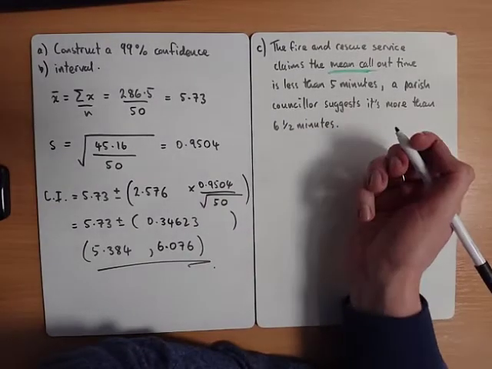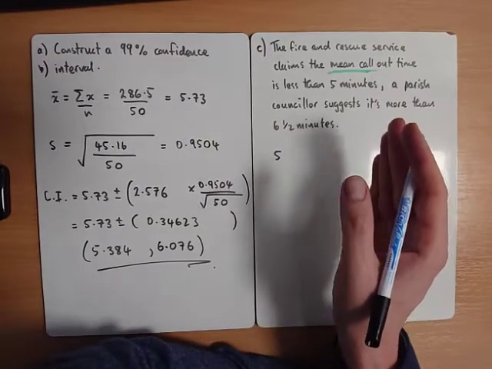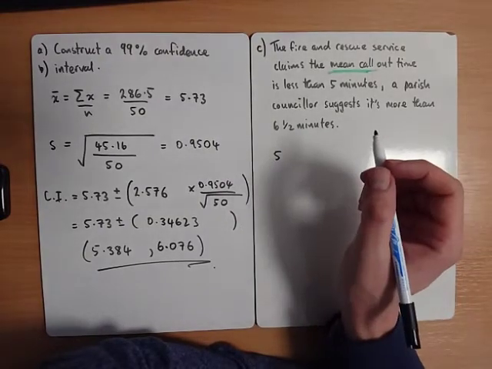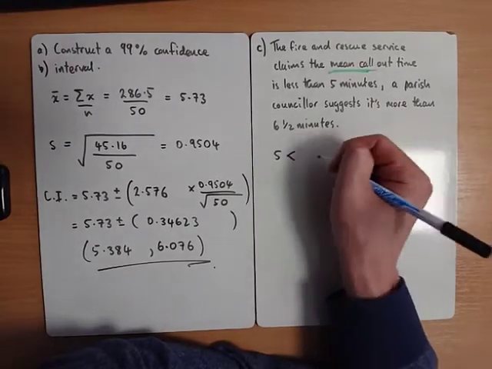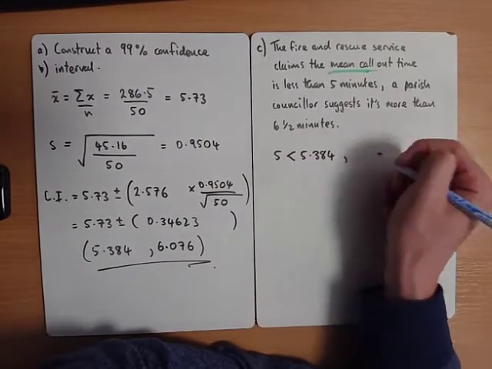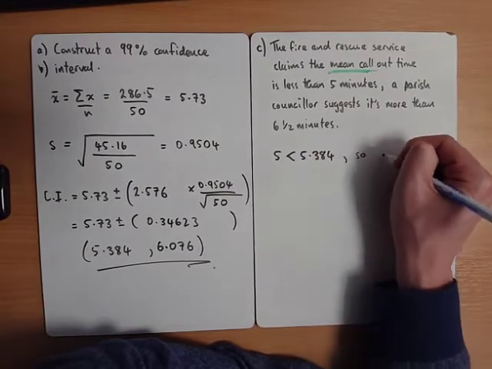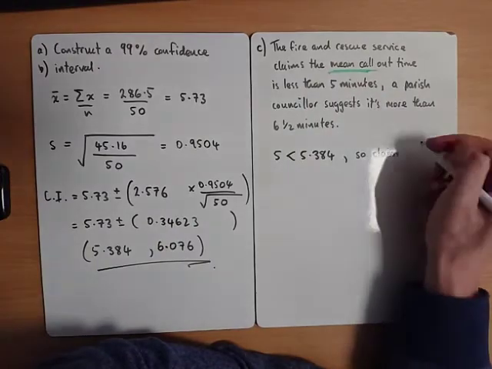So to comment on this claim, use the numerical values. When you're commenting in statistics, use the numbers in the question, use the context. So I would say, well, 5 is less than 5.384. So claim, mean.